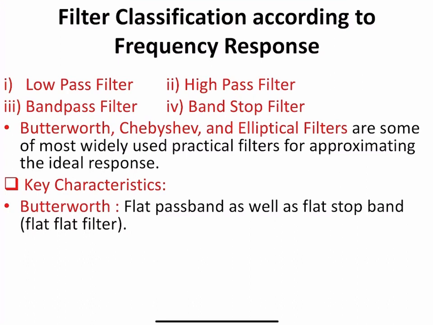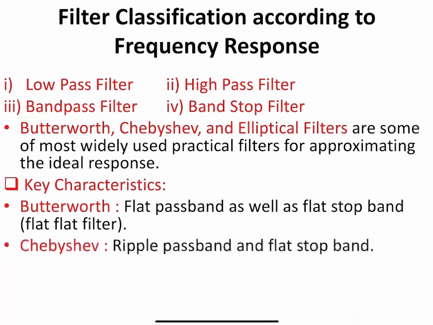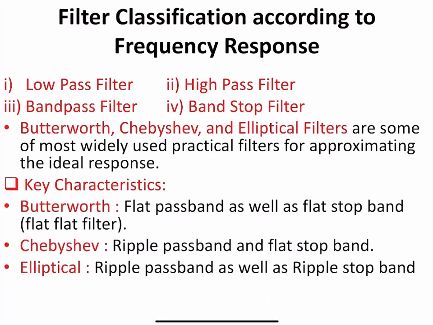It is also known as flat filter. Next is Chebyshev. It has a ripple pass band, means some ripples in the pass band, and flat stop band. Last is elliptical. Elliptical has a ripple pass band as well as ripple stop band. It provides the best stop band response, or it is known as ripple filter.